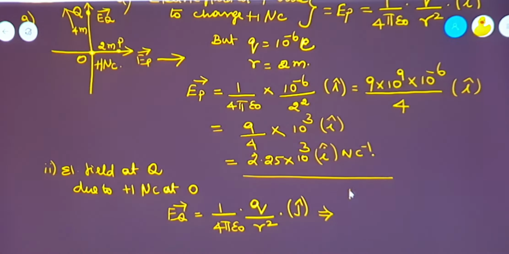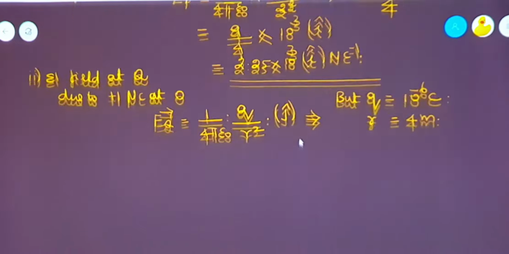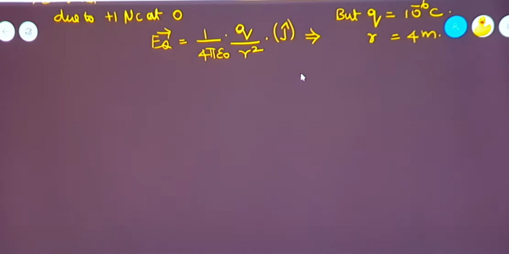Now substitute. But what are the values? The value of the charge Q is 10 power minus 6 coulomb. What is the distance? Here the distance is considered to be 4 meters. So let us write it out as 4 meters. Now substitute in this value and simplify.